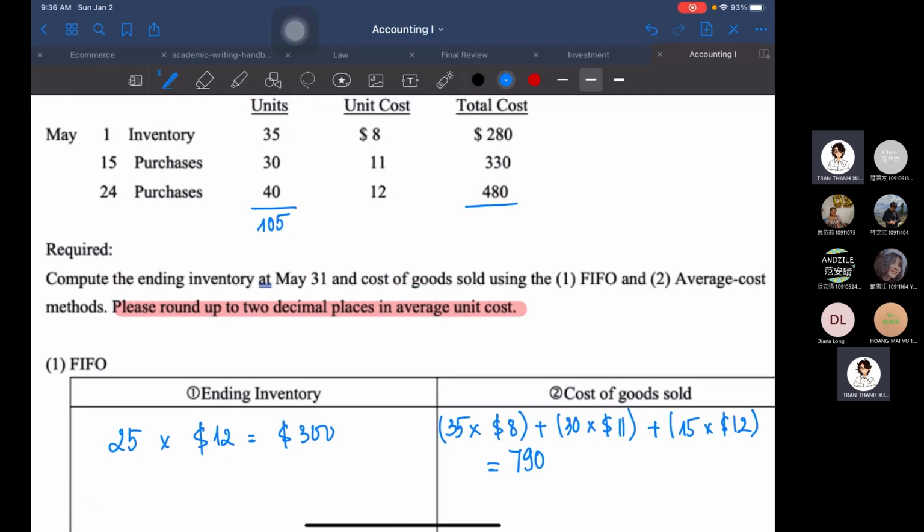Or you can do it another way. It also counts, and it also helps you to double check your answer. You calculate the total cost of the inventory.